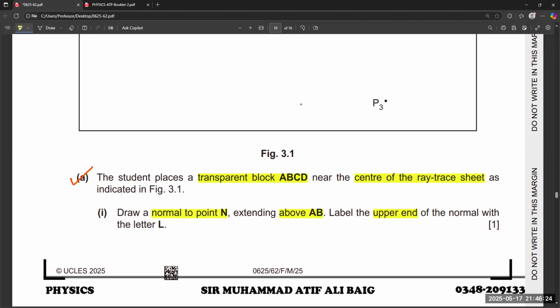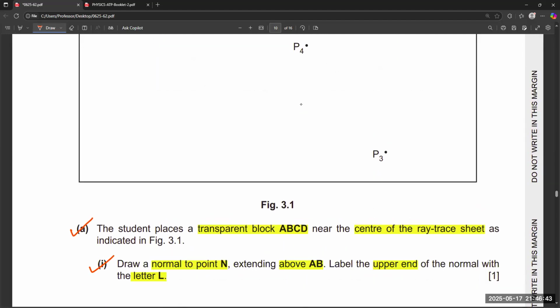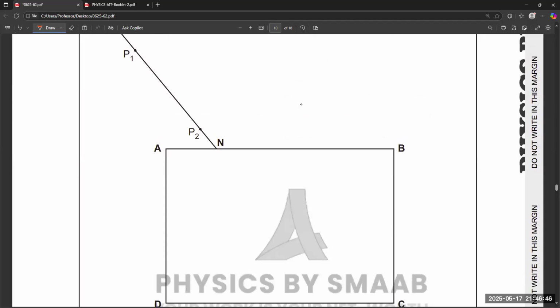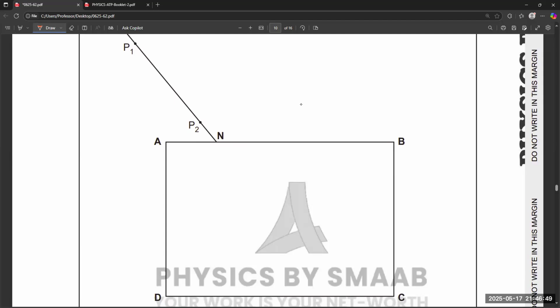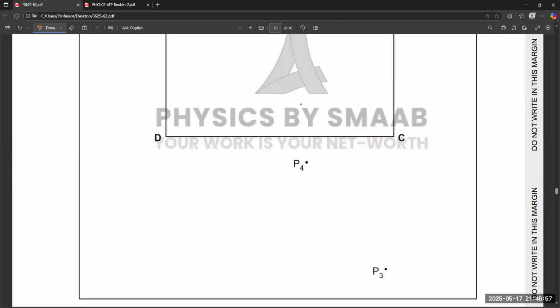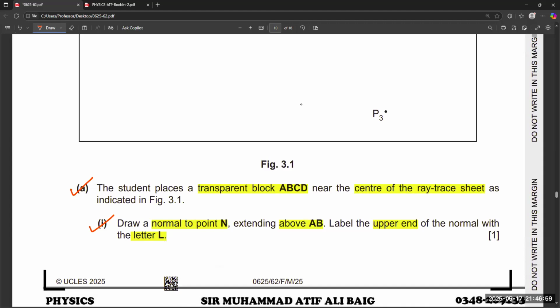Label the upper end of the normal with the letter L. So basically we have to draw a normal at point N, and extend it above AB, like this. And we write capital L at the upper end of the normal.